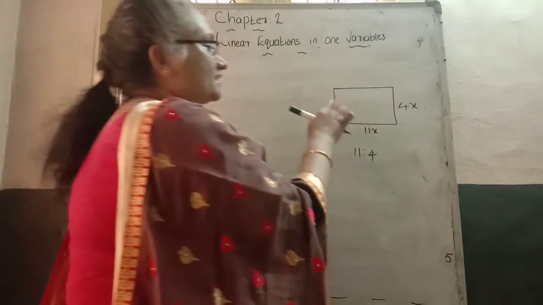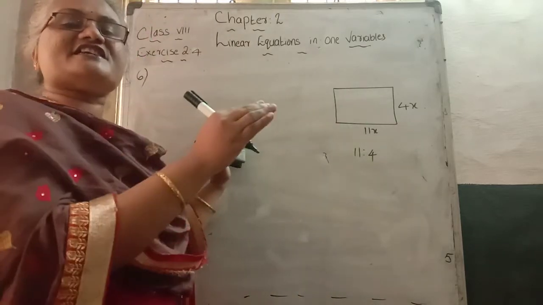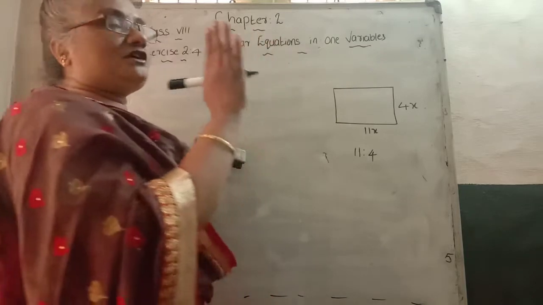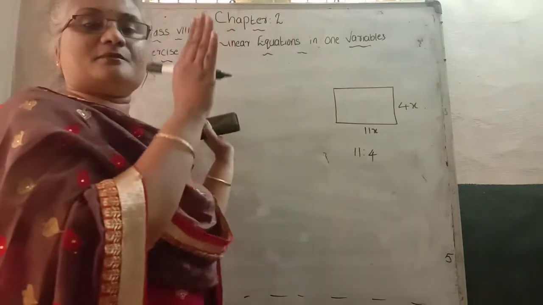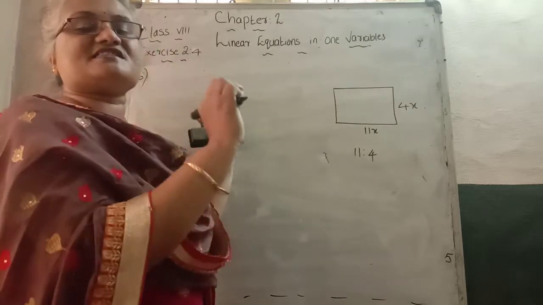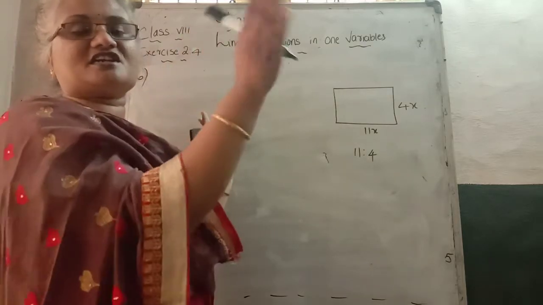A rectangular plot is there. The villagers want to separate this plot by making a fencing. Fencing means using bricks and cement and making a wall.